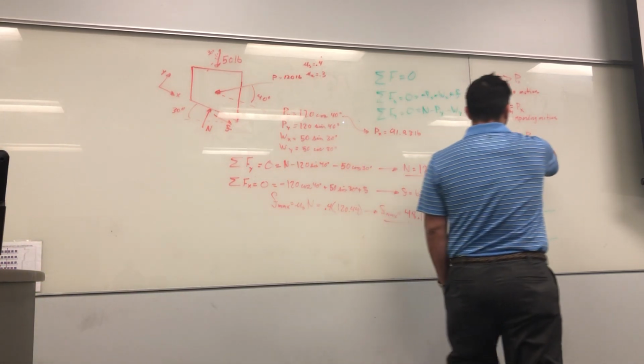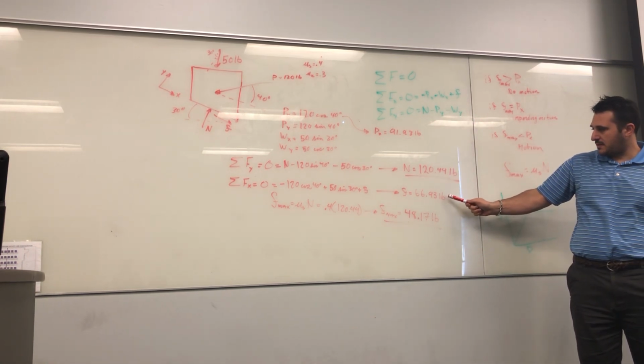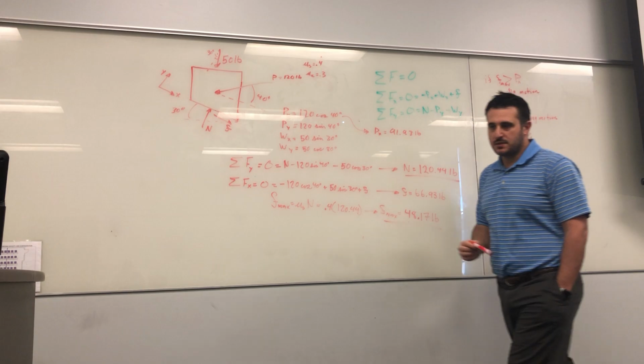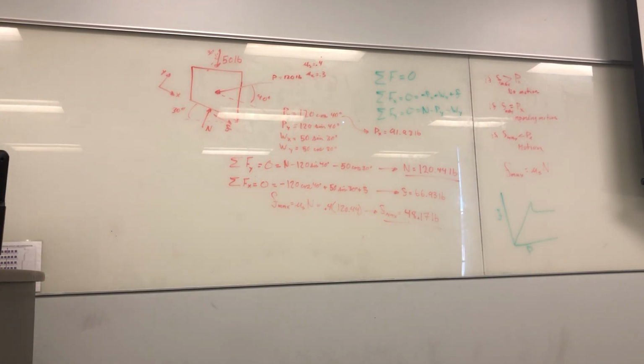Based off of this, F max is less than Px, so we had an idea that we were going to be moving anyway. And if we find out that we're moving, we have to calculate our actual friction. How do we calculate our actual friction?